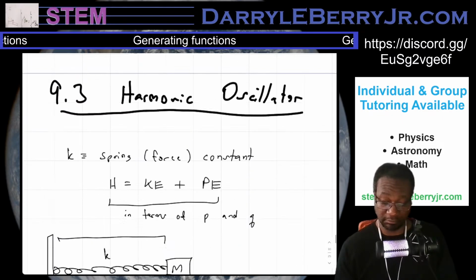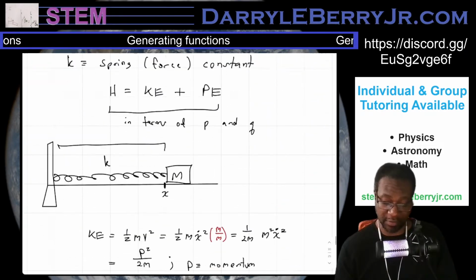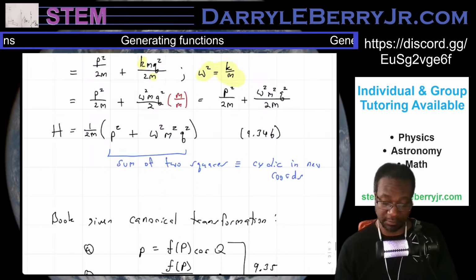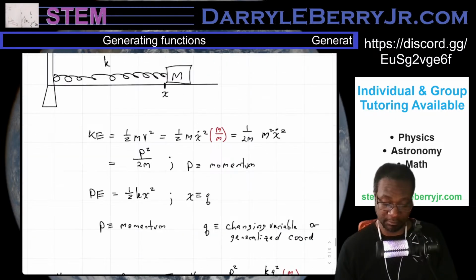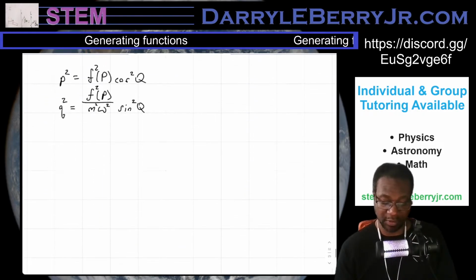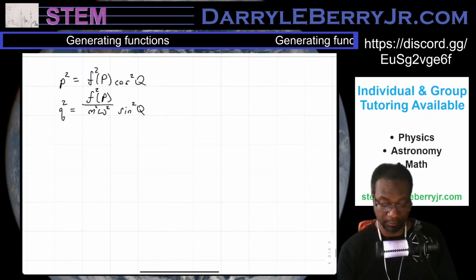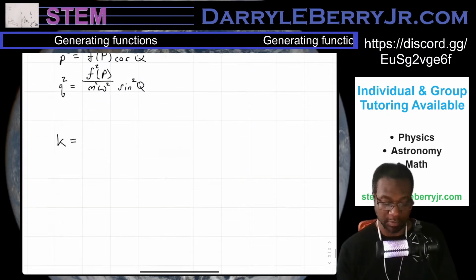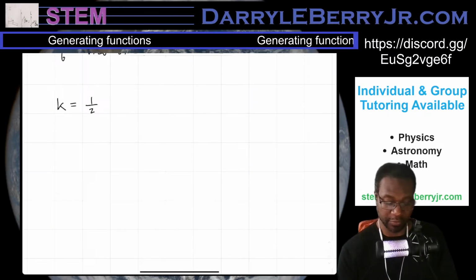And if I add these together, we have K, so this will be 1 over 2m.